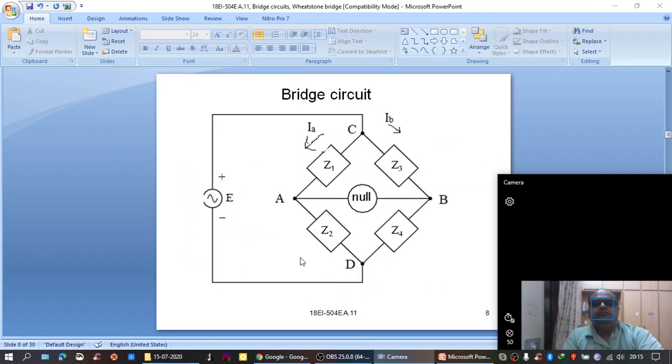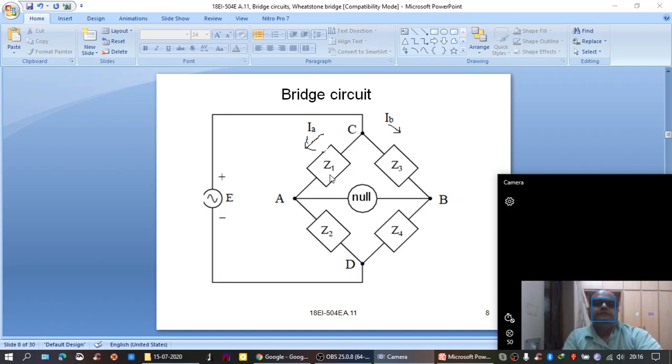Now, the basic bridge circuit is as shown in the figure here, mainly consisting of four impedances Z1, Z2, Z3, Z4, and AC excitation is connected across terminals C and D with a polarity shown like this, and its amplitude is E. E here in this case is the RMS value, not the DC value.